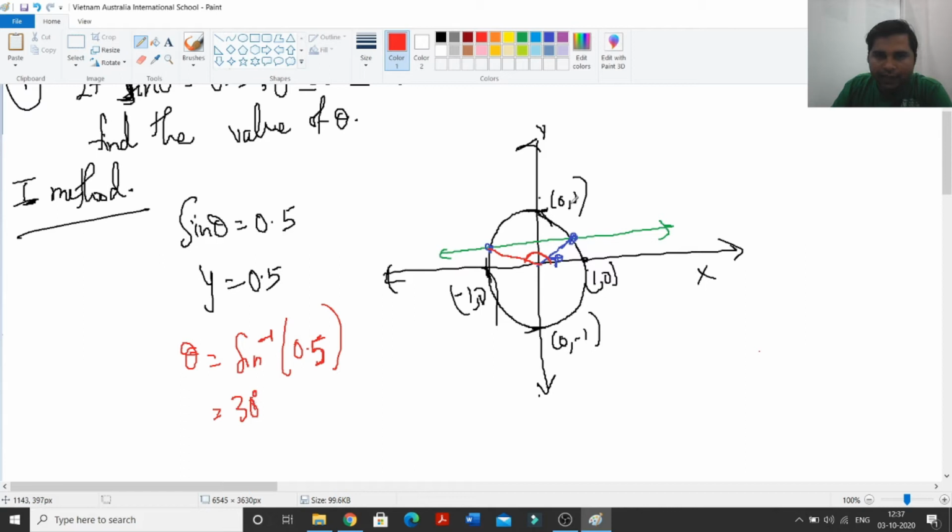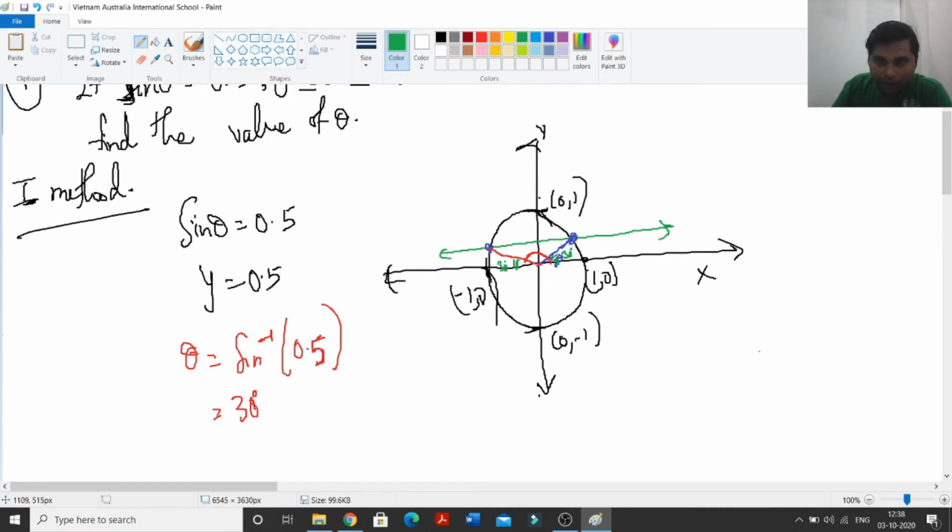So this is the value in the first quadrant, right? If this is 30 degrees, then this will also be 30 degrees because these are symmetrical, right? But we want the angle from the positive x-axis. As this angle is 30 degrees, that's what we found out.